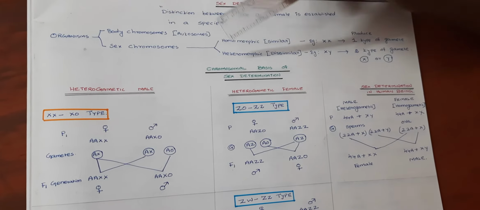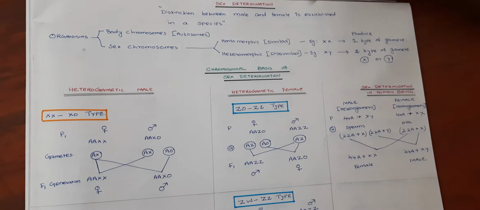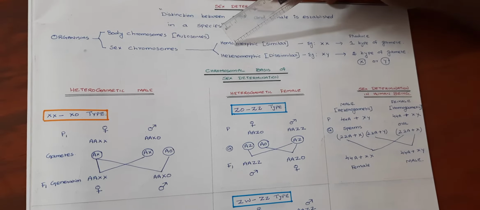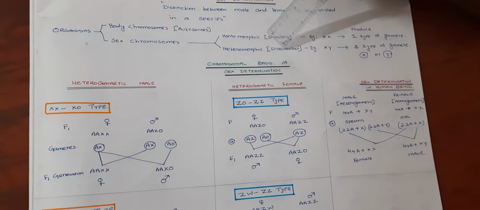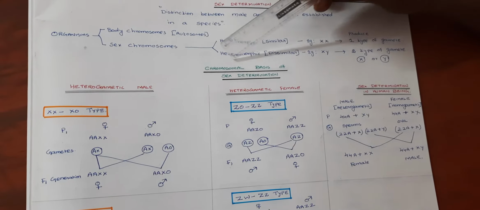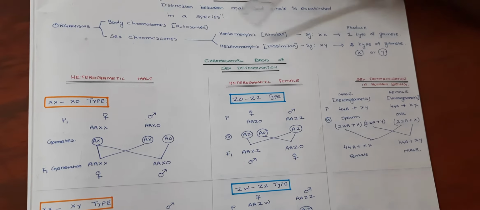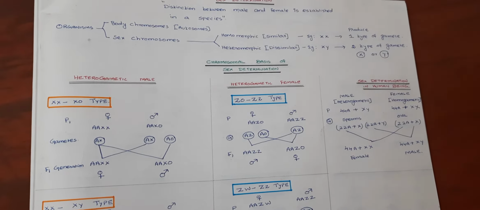Sex chromosomes are further divided into two types, homomorphic and heteromorphic. Morph means form, homo means similar: similar type of sex chromosomes, and dissimilar type of sex chromosomes, the heteromorphic. Example, XX is homomorphic, XY is heteromorphic.